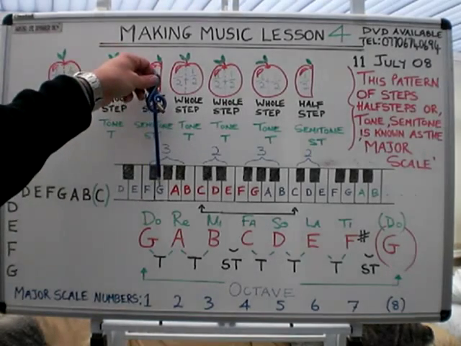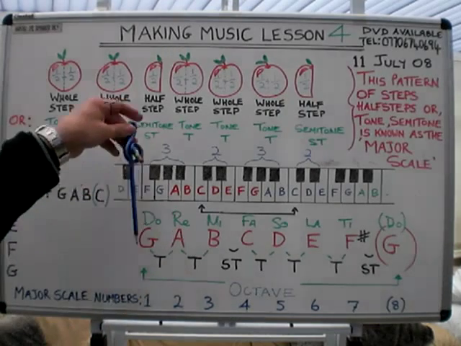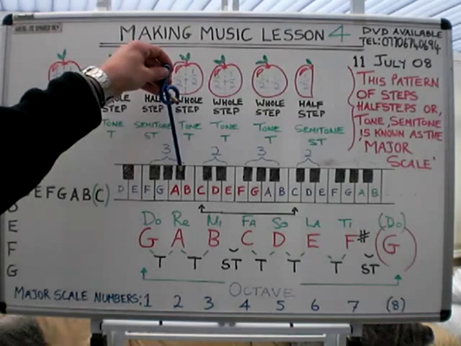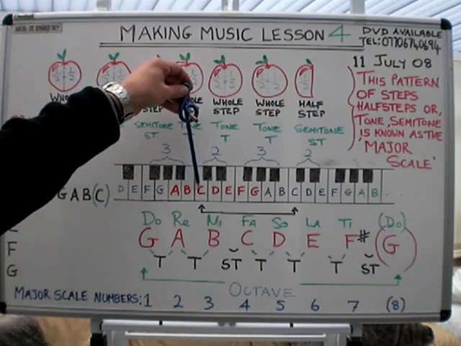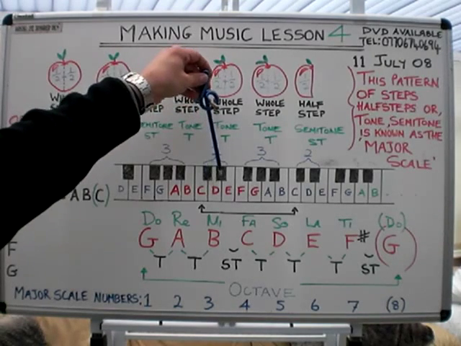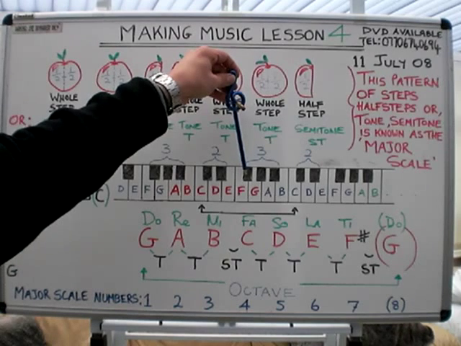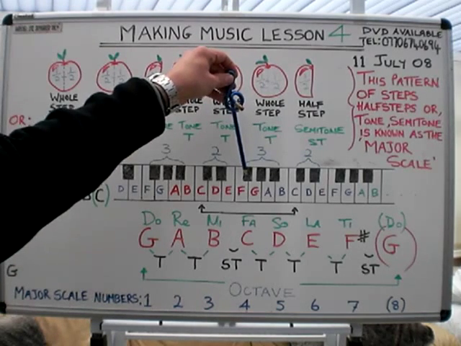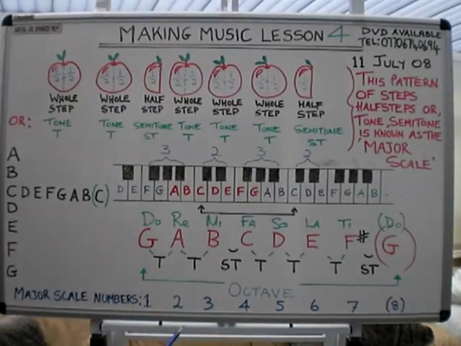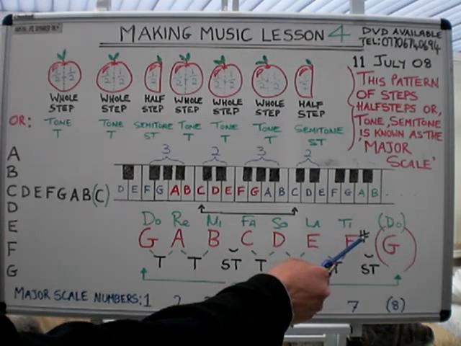Here we have a G. So the first one, tone, tone, another tone, semitone, tone, tone, tone. See how we've landed on the black? And the last one, semitone. It's this landing on the black that's giving this sharp.